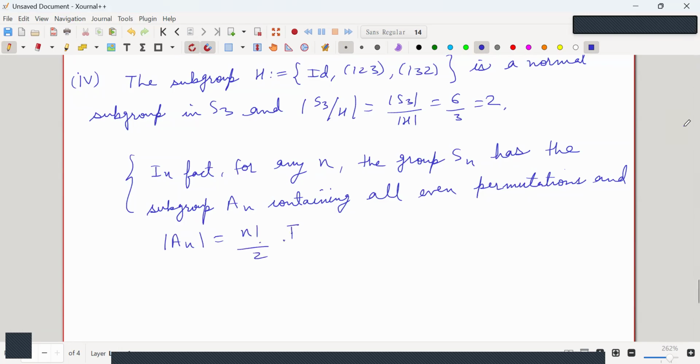The normal subgroup An contains all even permutations, so order of Sn modulo An is n factorial divided by n factorial by 2. Thus Sn by An will have order 2.